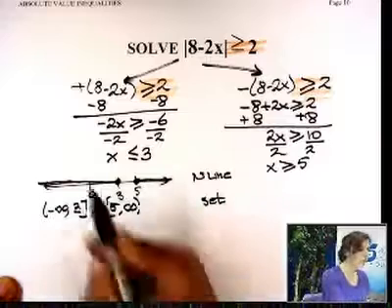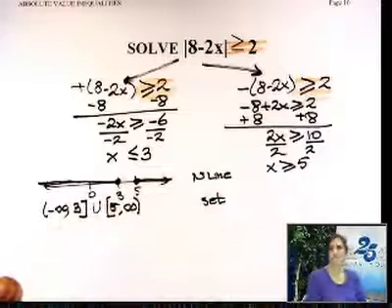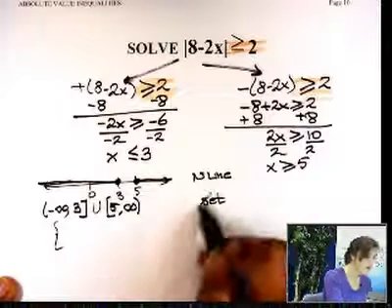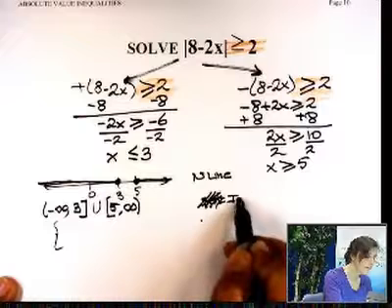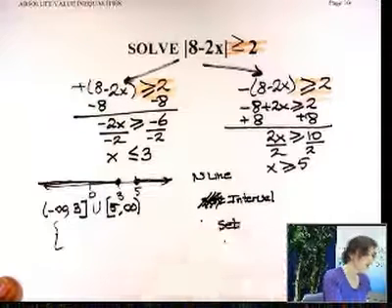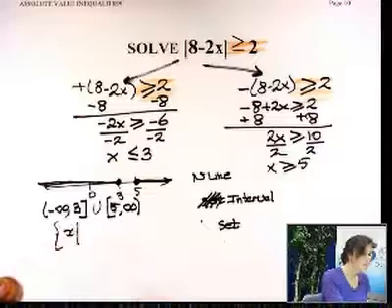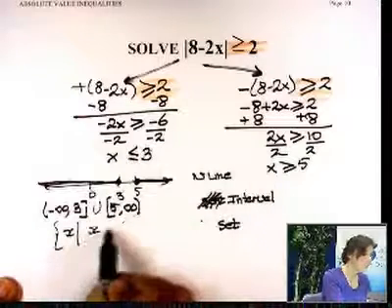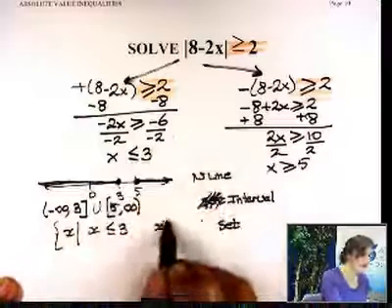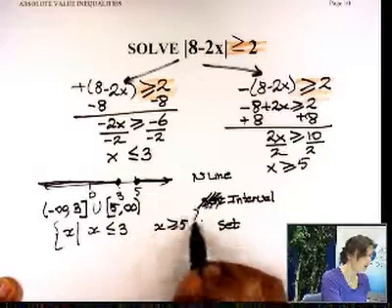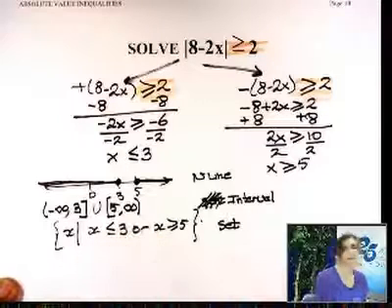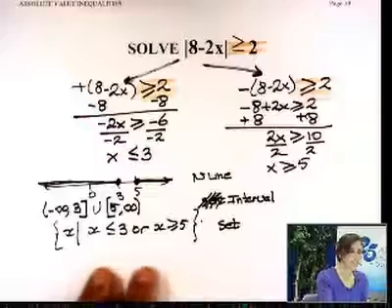How do I put two together with the union? Set builder. This one is not set. This one is interval. And this one is the set builder. X such that x is less than or equal to 3. I can just take it right out of there. X is greater than or equal to 5. Take it right out of there, braces. How do I put these two pieces together? With an OR statement. Very good.